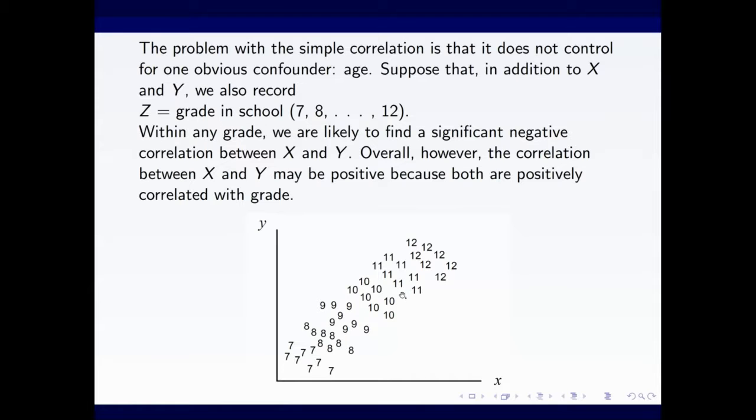The total correlation, which is the simple correlation between X and Y, is positive. But if you look at the correlation within grade 7, grade 8, grade 9, 10, 11, 12, they are negative. So this is one example where we have a discrepancy between the partial and simple correlation.